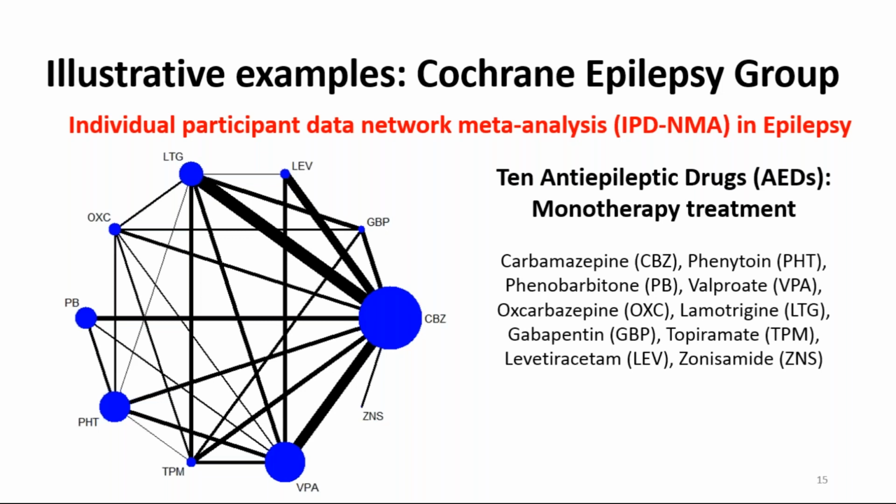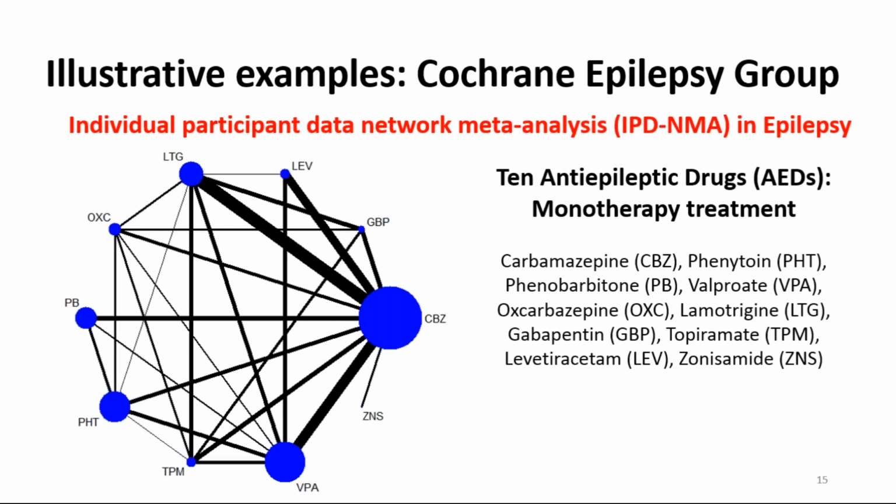If you look at the top, LEV, which is a newer drug, it hasn't yet been included in that many trials, but it's been included in some very big trials. The other benefit of doing a network meta-analysis is it allows us to estimate a treatment effect to compare drugs where they haven't been compared head-to-head in a trial. So if we look over towards the left-hand side of the plot, towards OXC and PB, there is no line between those two drugs.